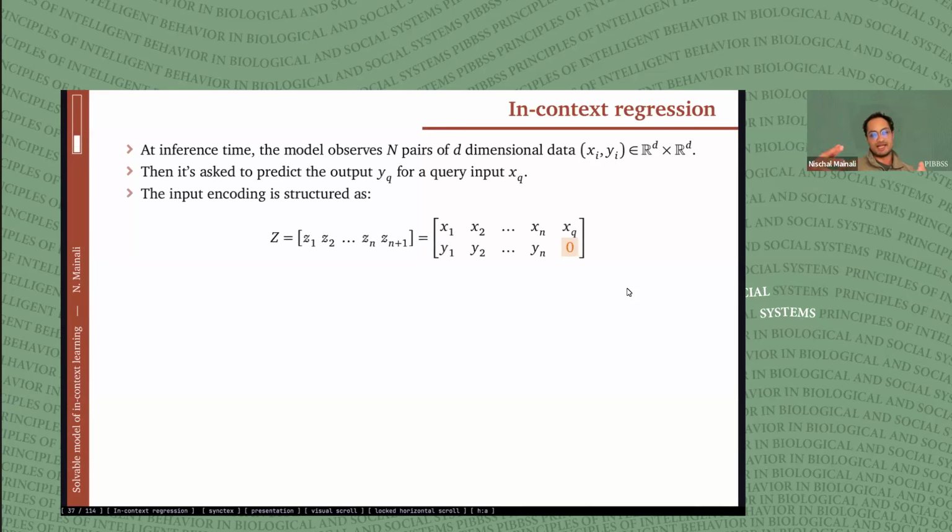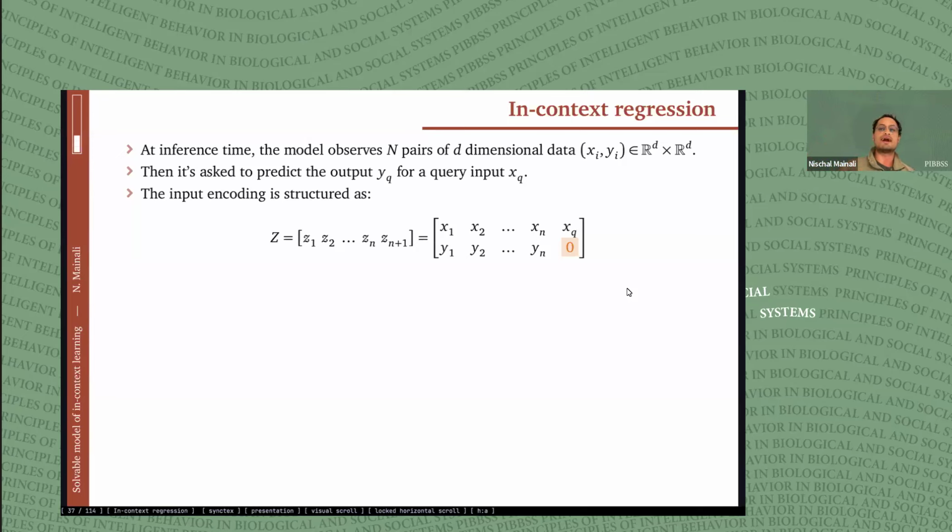And to simplify the life of this model, and also for us, we're going to do embedding in the following way, where we're going to simply stack the x and y vectors on top of each other as columns, and we're going to define z, the sequence of inputs, as follows. Basically, with 2d dimension, x1, y1 in each column are related to each other linearly, and we're going to show the model n of these examples.